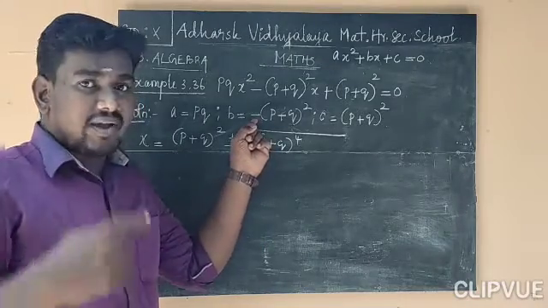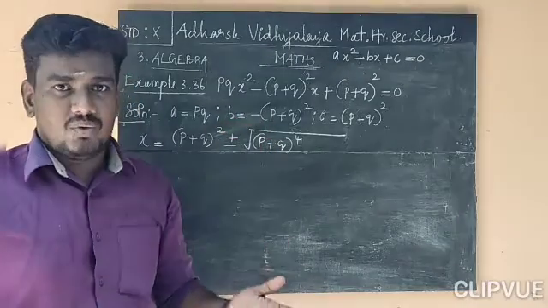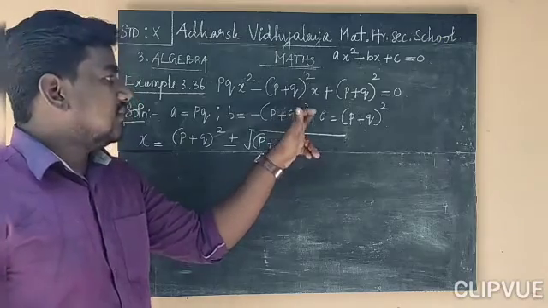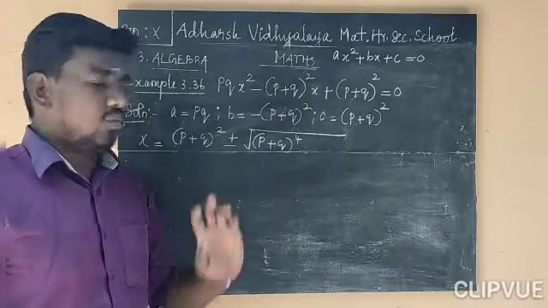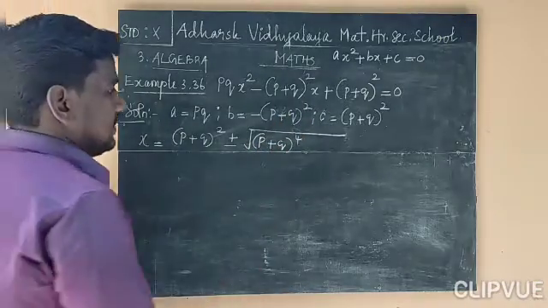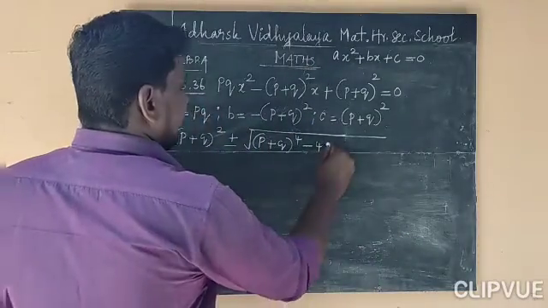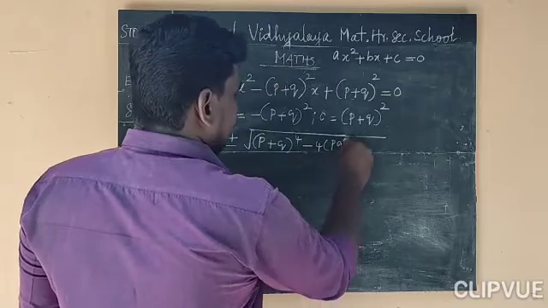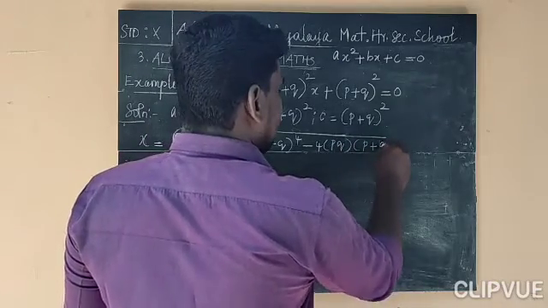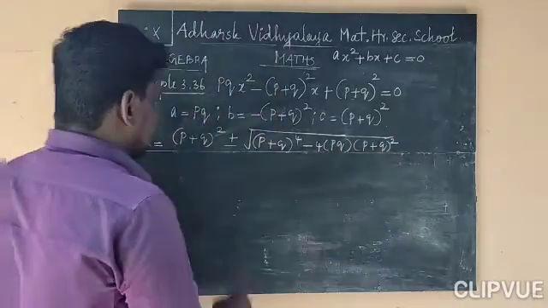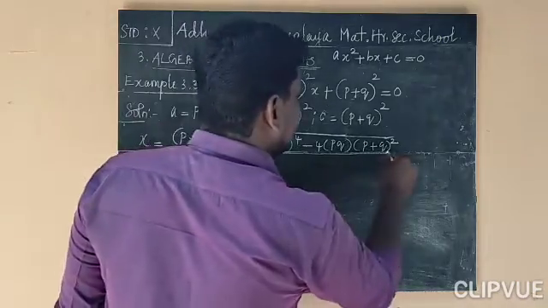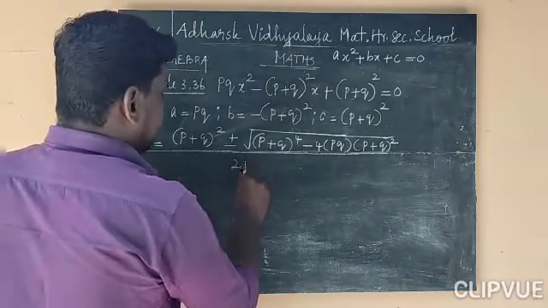When we find square of minus, it becomes plus, you know that. So when we take square for this one, it becomes p plus q whole power 4 minus 4ac. A is pq and c is p plus q the whole square, whole divided by 2 into pq.